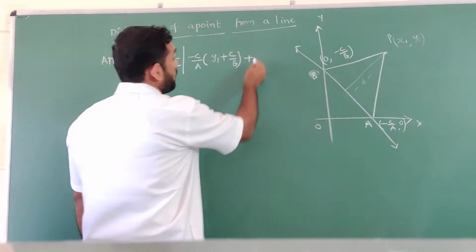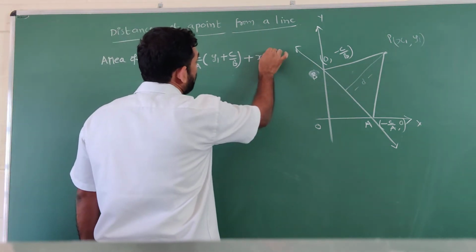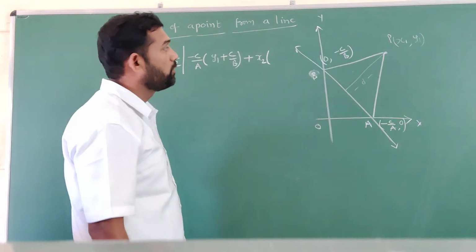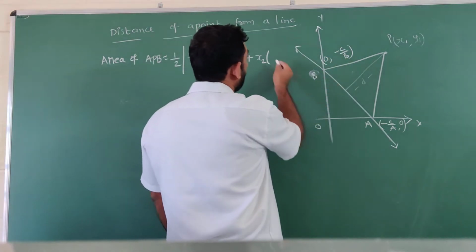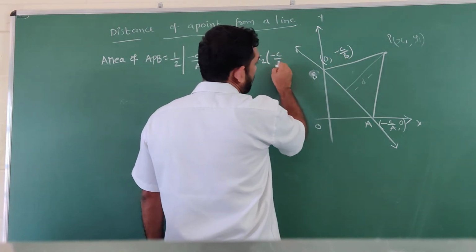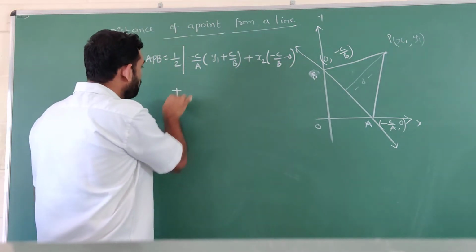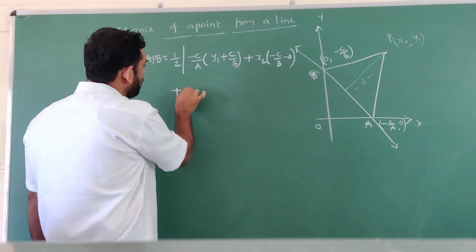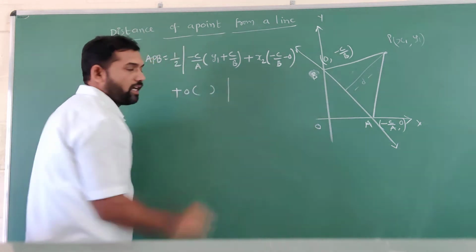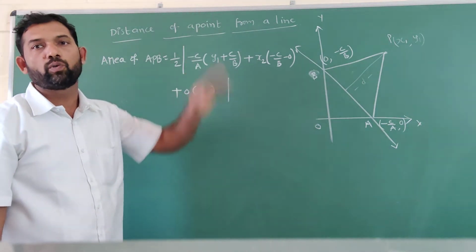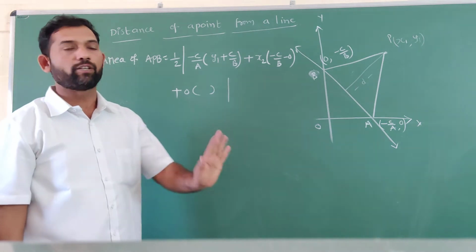Next, plus x2, which here is x1, into the bracket of these two values: minus C by B minus 0. Plus the next one is 0 into anything, which means 0. The last value is also 0 into anything, which means 0. No need to take y1 minus y2.